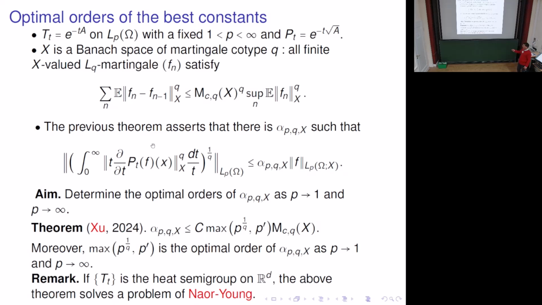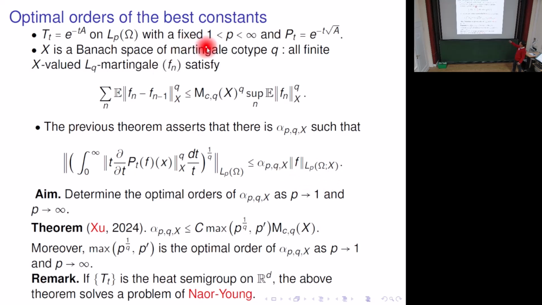Then in our inequality, using the type inequality, we also have a constant. This is the basic constant I denote by alpha(p,q,X). So this constant depends on p, q, and X. Thinking of q as fixed, p can vary.